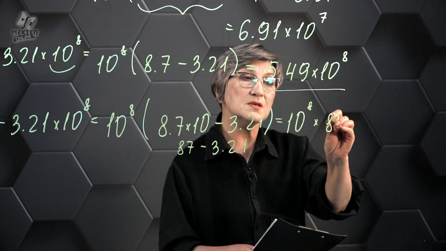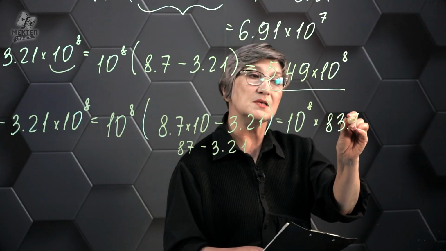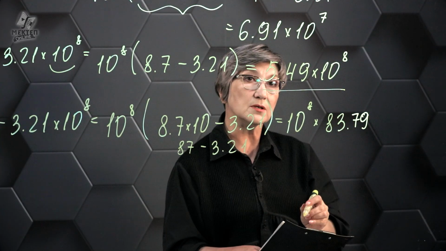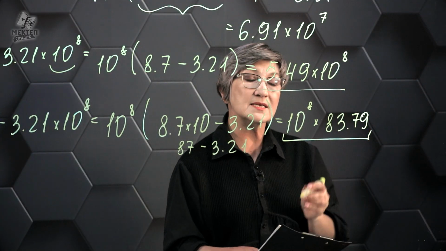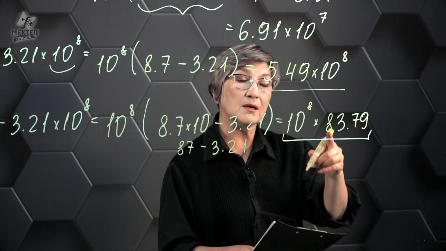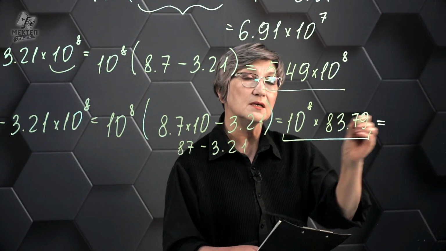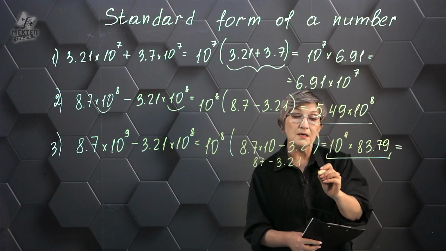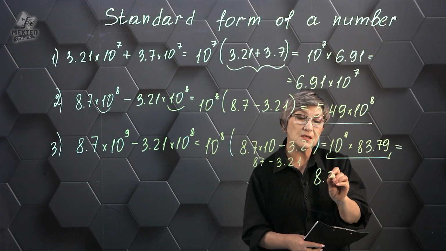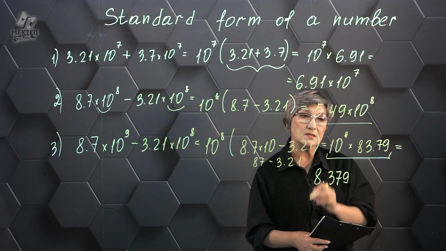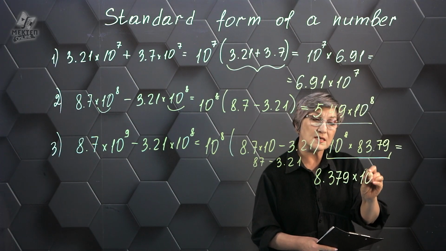As a result, we get 83.79. But this is not the standard form of a number, so we need to write this number in standard form. I write it as 8.379 multiplied by 10 to the power of 9.